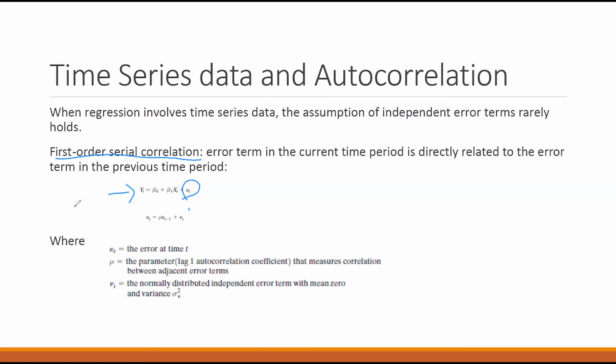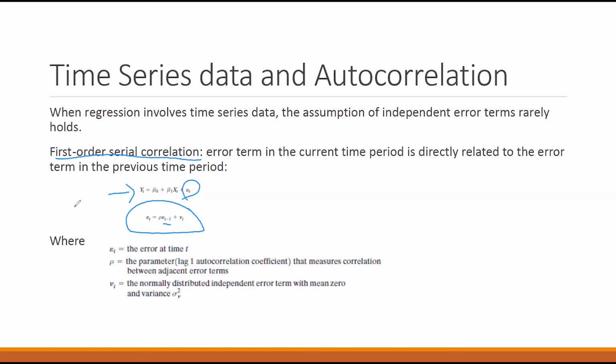Mathematically or in equations, it's shown here. That is, epsilon t, the current error term, is equal to rho times epsilon t minus 1, where epsilon t minus 1 is the error term in the previous period, plus a random term.